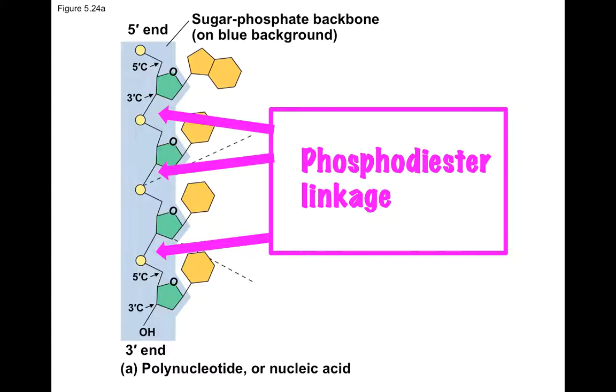The phosphate is added to the hydroxyl group on the 3' carbon, which gives the chain 5' and 3' ends. 5' and 3' are not that important now, but you will need to know this later on. This results in a repeating pattern of sugar phosphate units that's referred to as the sugar phosphate backbone. Those yellow nitrogenous bases stick out to the side.